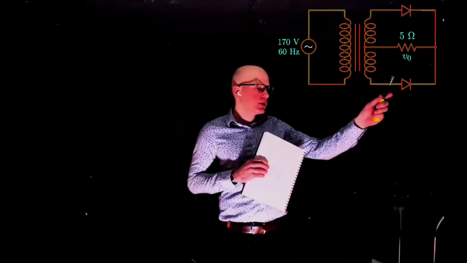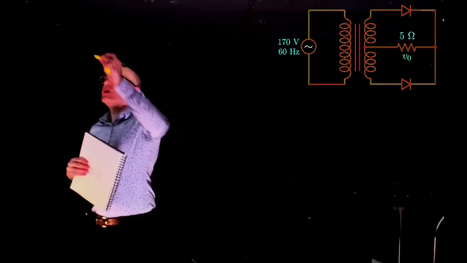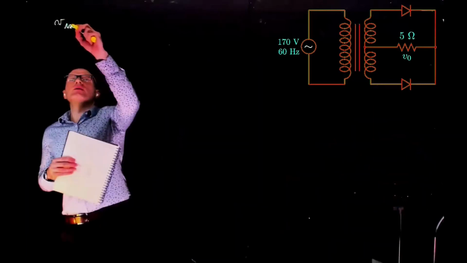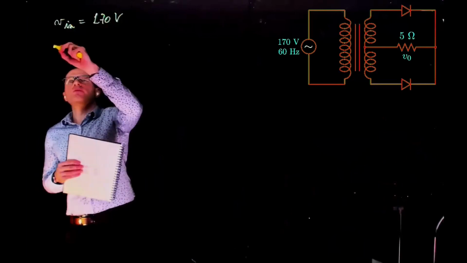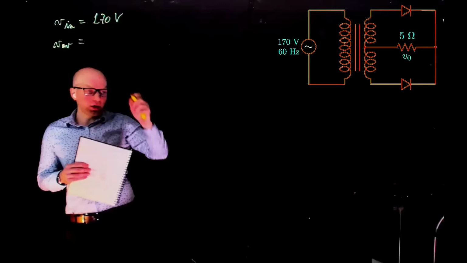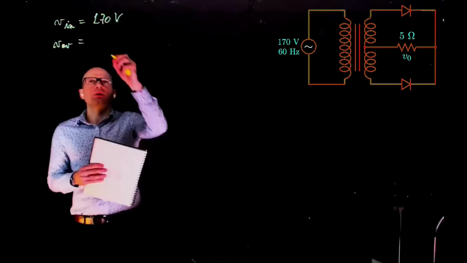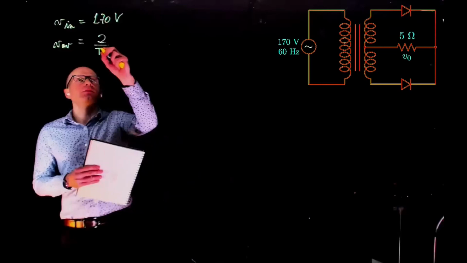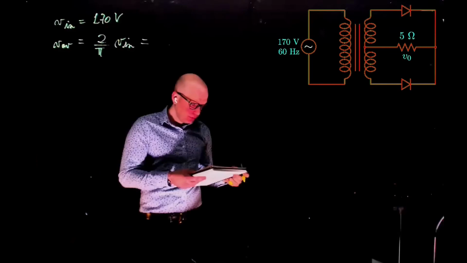Oh, that's simple. If Vin is 170 volts, what is V average? It is 2 over pi times Vin, and this is around 108 volts.